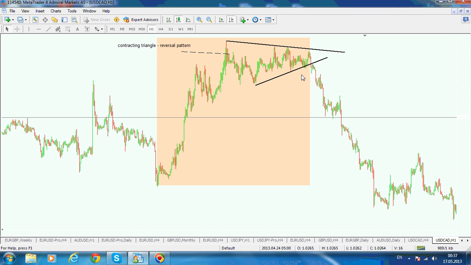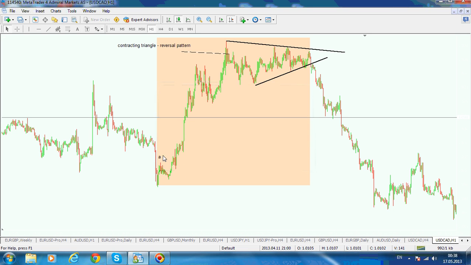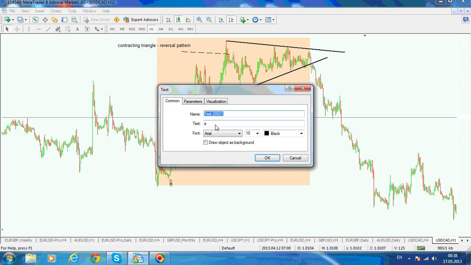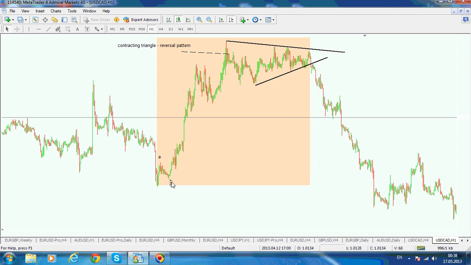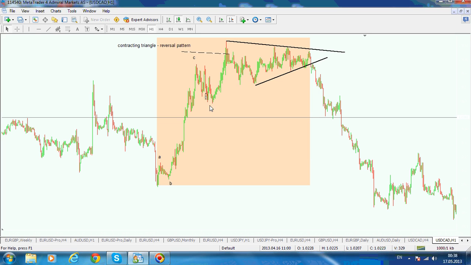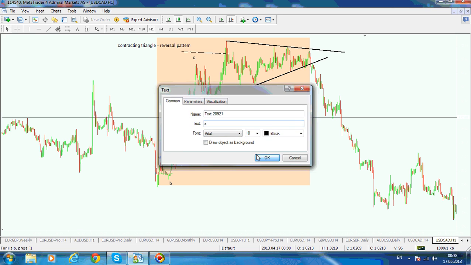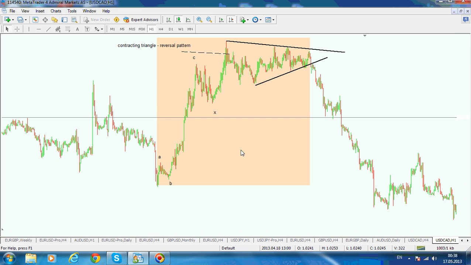Normally, if you are familiar with Elliott-Wave theory, such a complex correction might be here an A, a B, and C, then this should be an X wave, and then this triangle here, the contracting triangle.